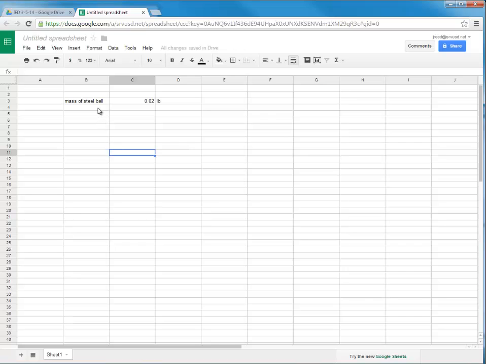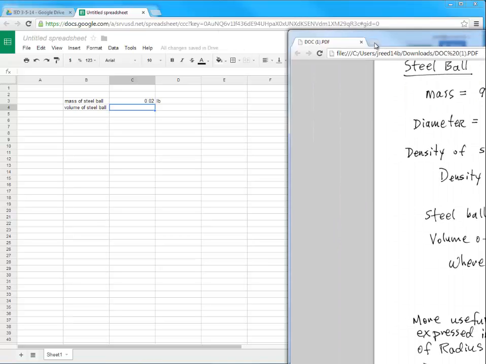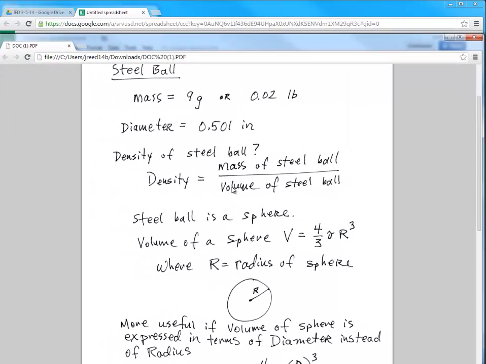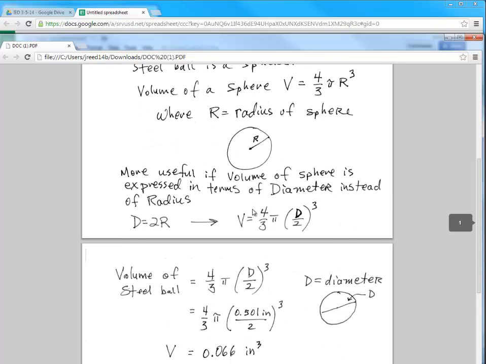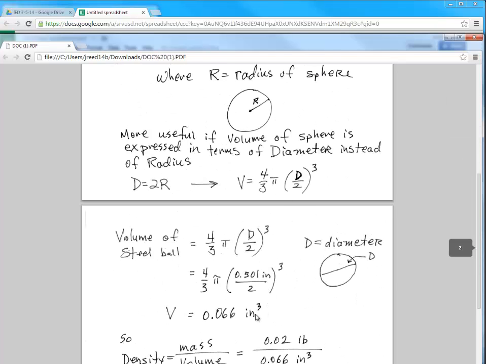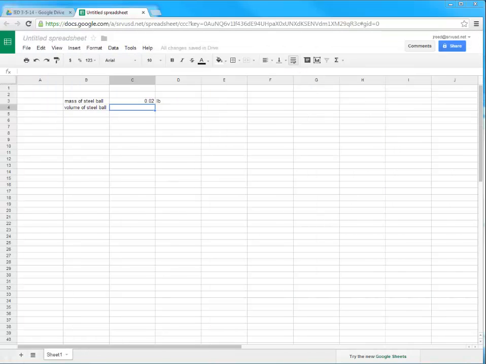The additional information that we need for the density is going to be the volume of the steel ball. And we went through a lot of trouble, a lot of algebra, which we'd like to avoid, to get that volume. So instead of going directly to the volume, I'm going to move this one.